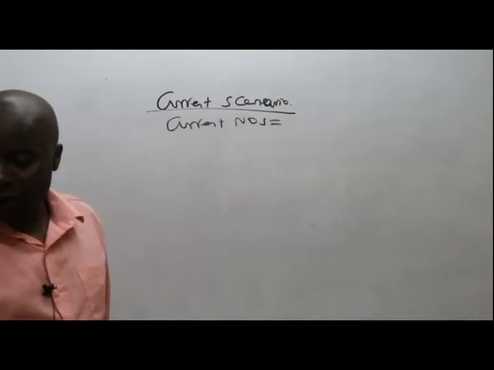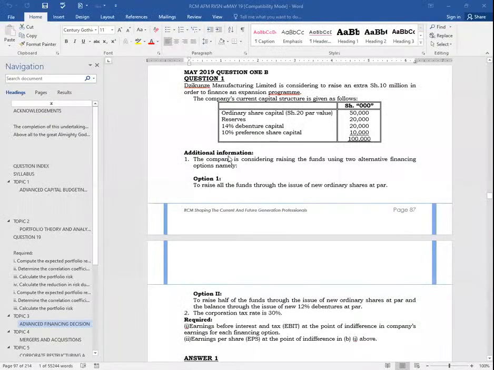What I need to do is take the share capital and divide it by the par value. So share capital is 50,000, divided by a par value of 20. So 50,000 divided by 20 gives us what figure? Somebody give us figures here very fast.